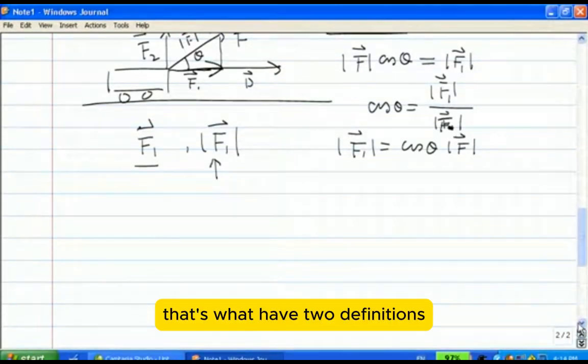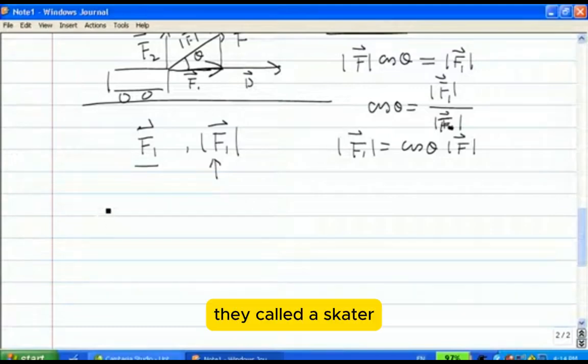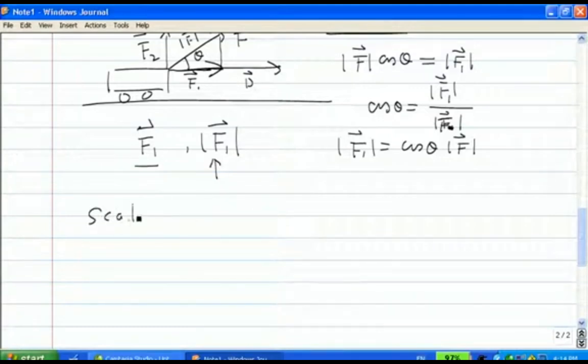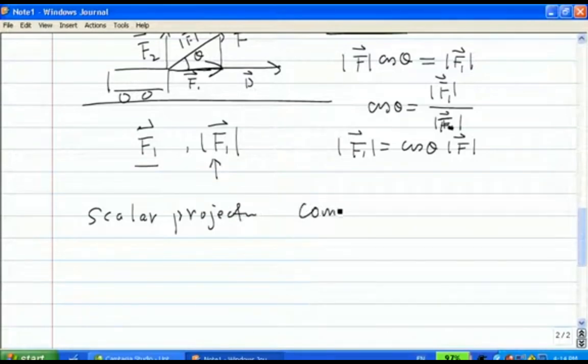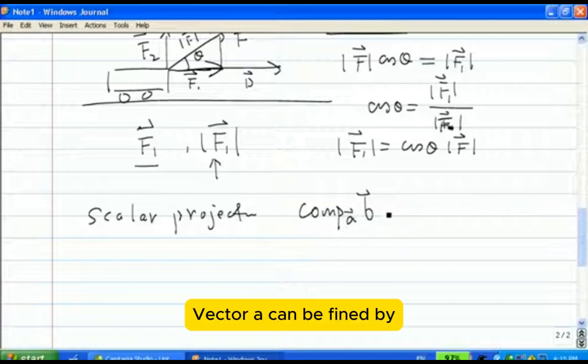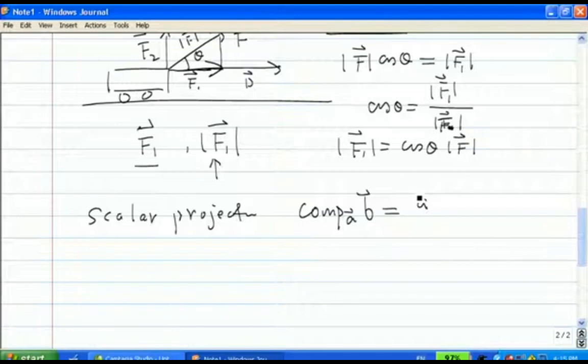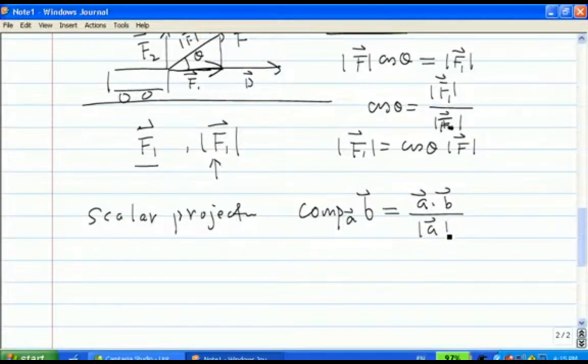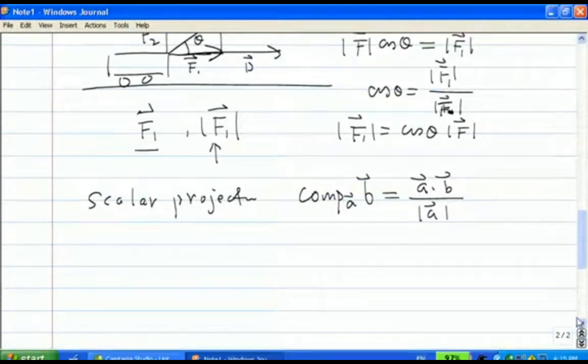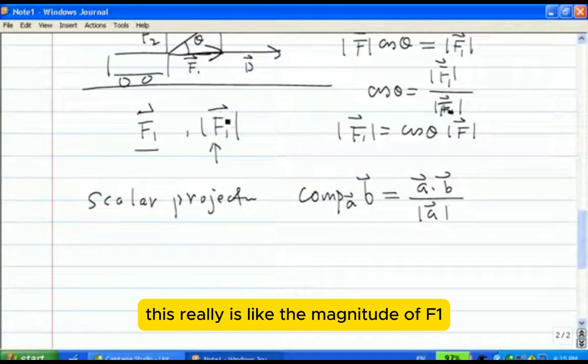We'll have two definitions. They call the scalar projection, using this notation, which means project B on vector A, can be defined by the dot product of those two over the magnitude of A. This really is like the magnitude of F1.